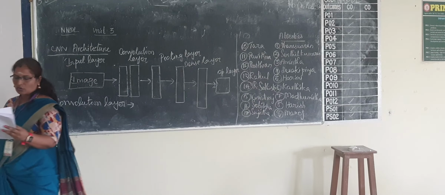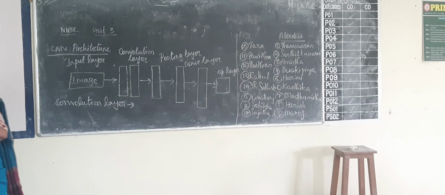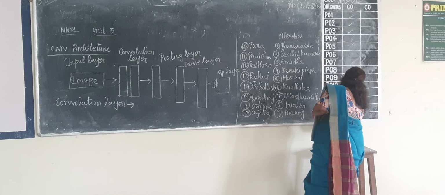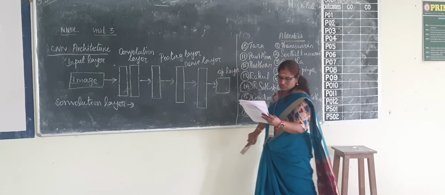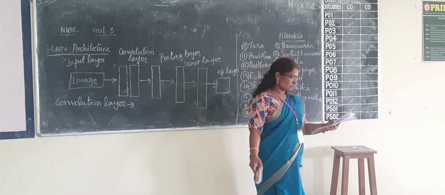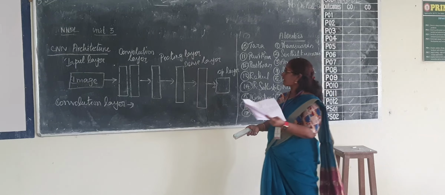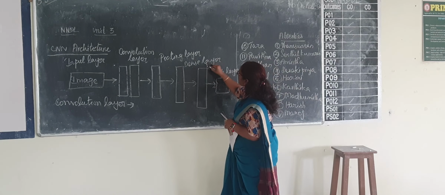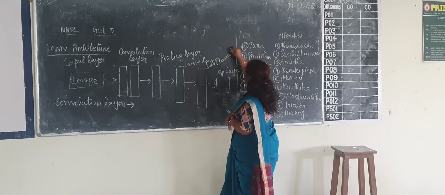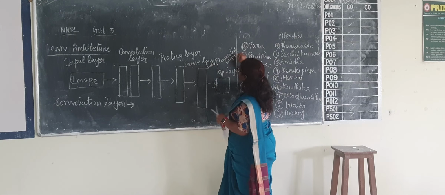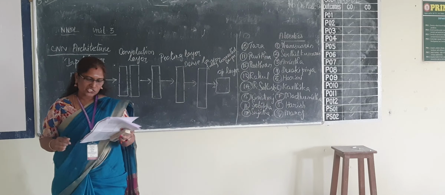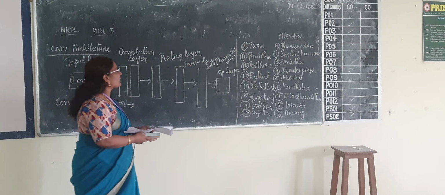The pooling layer downsamples the image to reduce the computation. And the fully connected layer, this I have not given a name, the fully connected layer makes the final prediction.